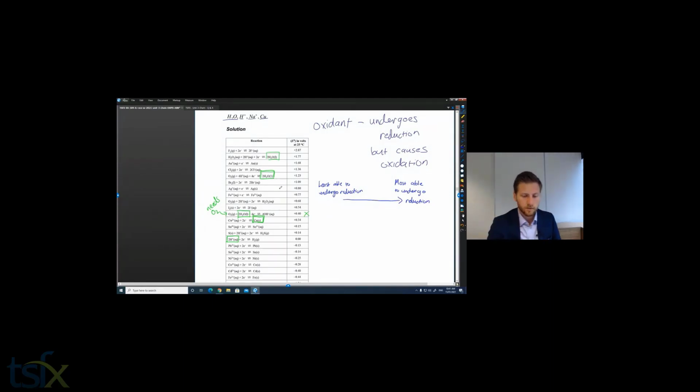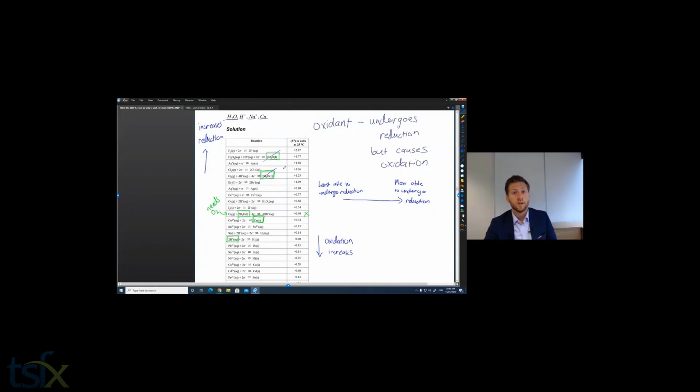Yeah, it depends on the side. So remember, up here, these undergo reduction. Anything on the top left and anything on the bottom right undergoes oxidation. And reduction increases up here. So in this instance, the water is on the wrong side.